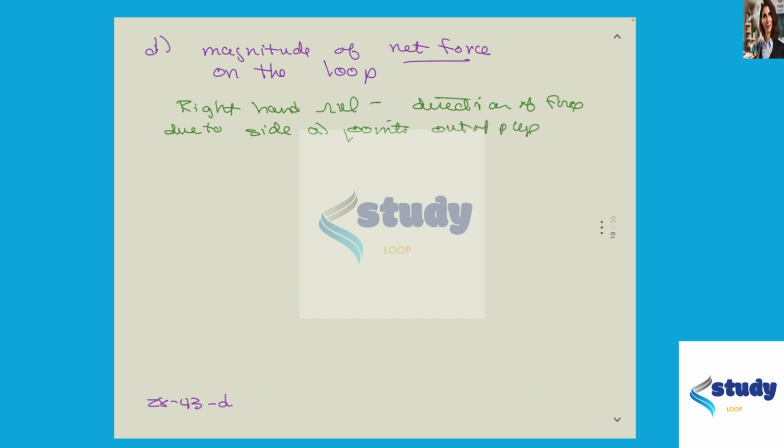Using the right-hand rule, the direction of the force due to side A, which I have labeled back on the first page, points out of page. And B points into page.